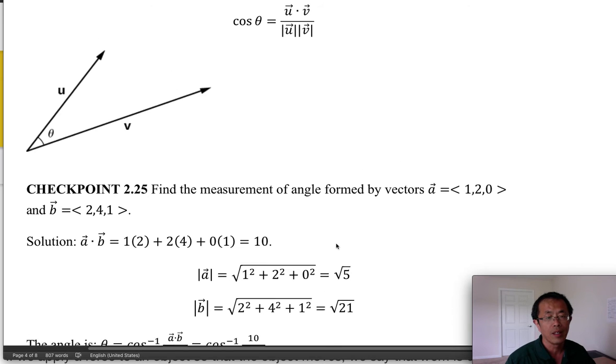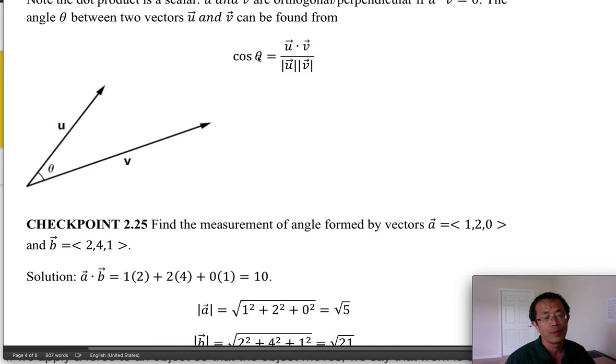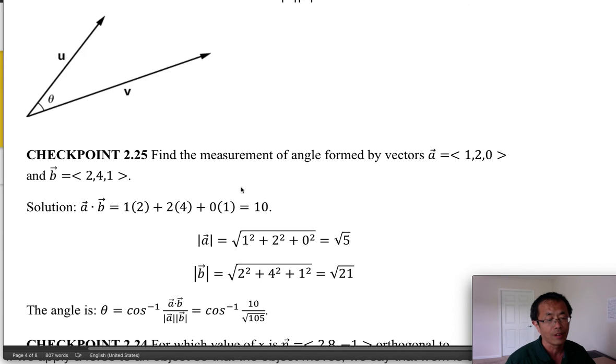I hope you can tell the angle. If cosine theta equals such a number, then theta is the inverse cosine, arc cosine. So in this example, I just wrote theta is cosine inverse of this dot product. Accordingly, this part, the dot product divided by the product of norms, turns out to be this number. And again, I want you to know that in my class, you are always required to provide exact answers, and exact answers only.